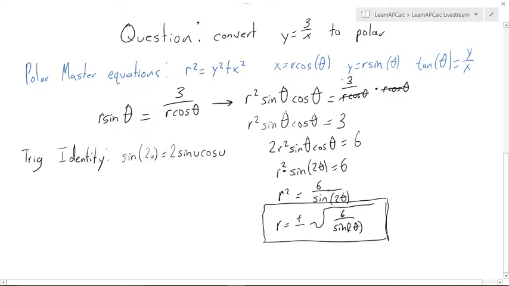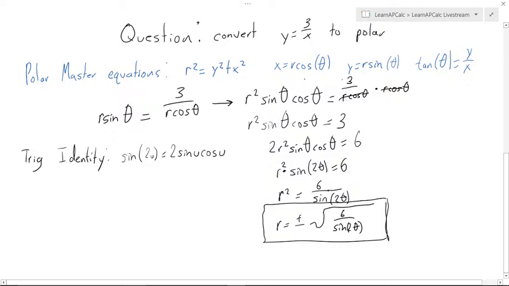Again, there's no right way to do this. You could have multiplied both sides by y and added x squared to use this. But it's simply a matter of which is the most convenient. So here, substituting these for x and y was the most convenient.